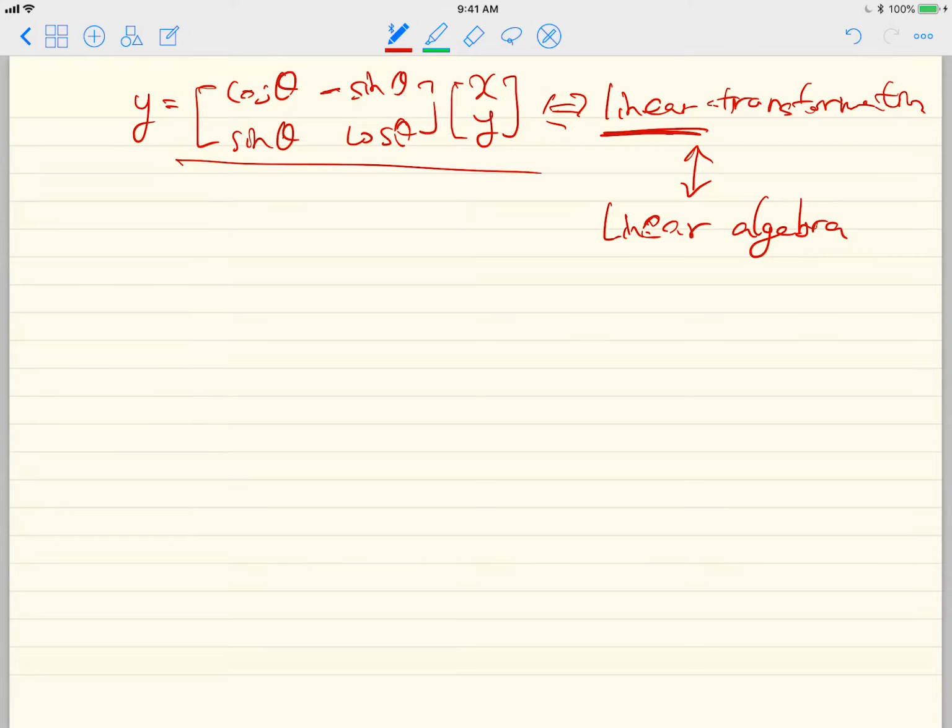And why do we study the matrix when we learn linear algebra? What is the relationship between linearity and this matrix? What's the connection between these two different things?